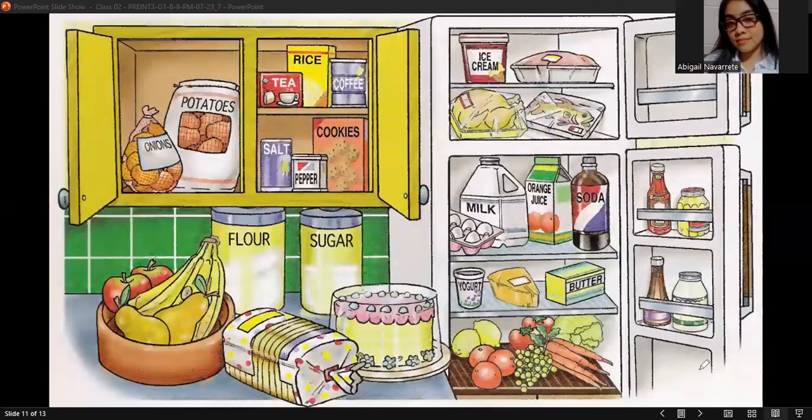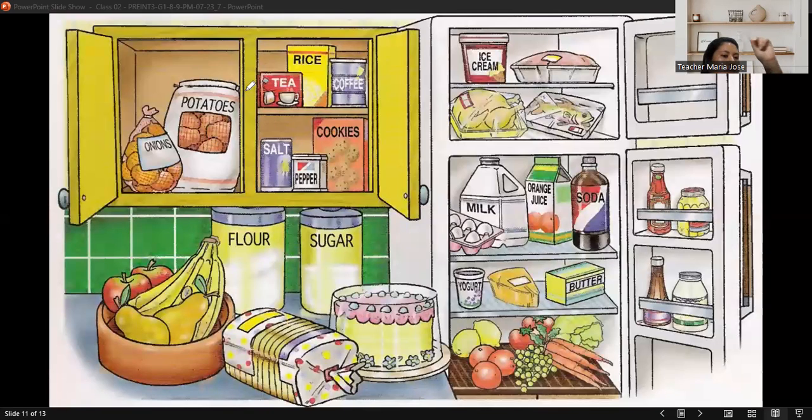The noun. How many apples are there? Excellent. Can you repeat it again, please? How many apples are there? Maria Jose? There are 2 apples. Excellent. Now, Maria Jose, ask one question to Letty.